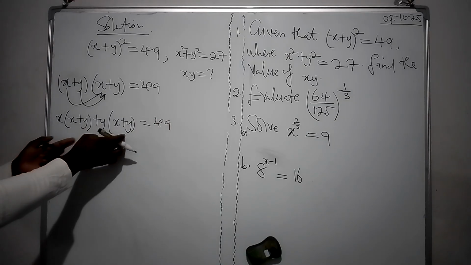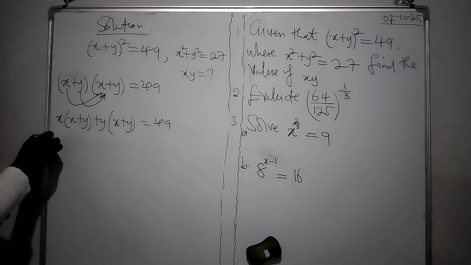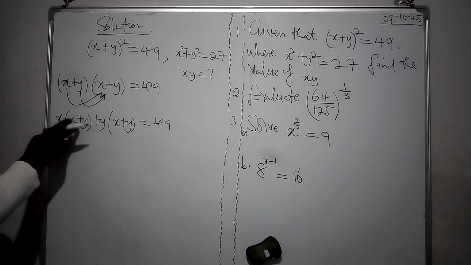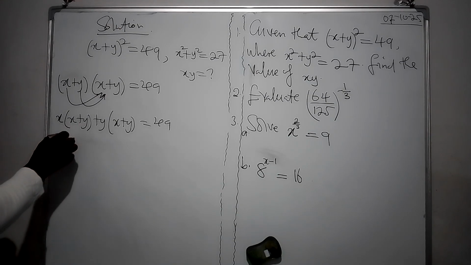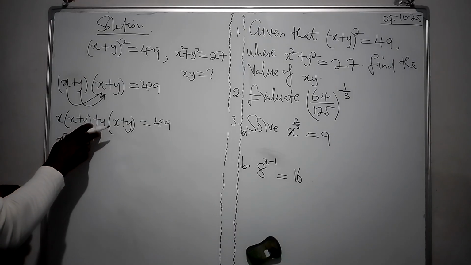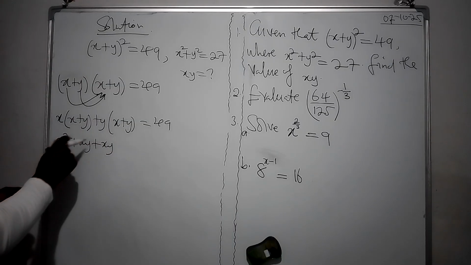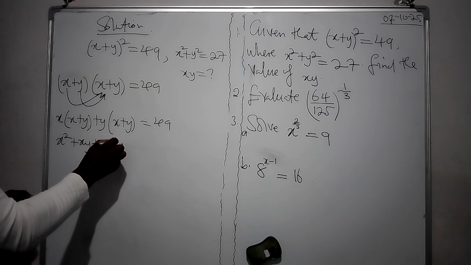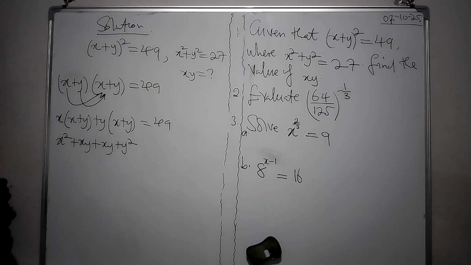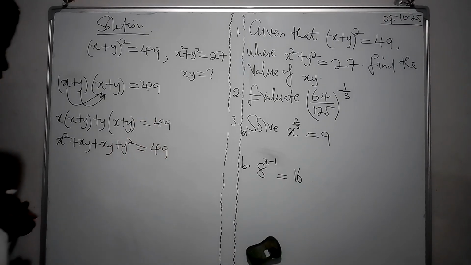Then now we're expanding, removing the brackets. So x times x, we're having x^2. x times y, we're having positive xy or yx. Then y times x, we're having xy. Then y times y, we're having positive y^2, which is equal to 49.